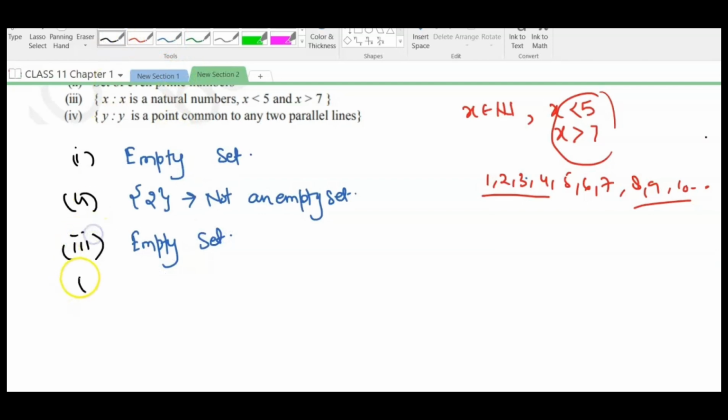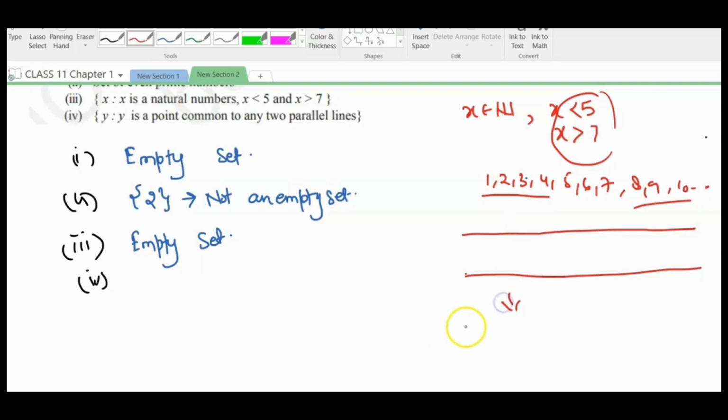Now let's see the next part. Y such that y is a point common to any two parallel lines. Okay, suppose we have two parallel lines, this and this. What does it mean? Two lines are parallel to each other when they will never intersect each other.